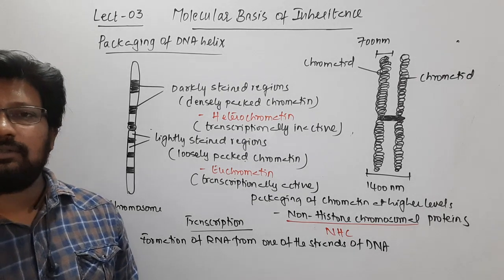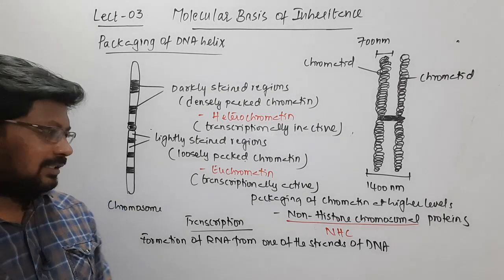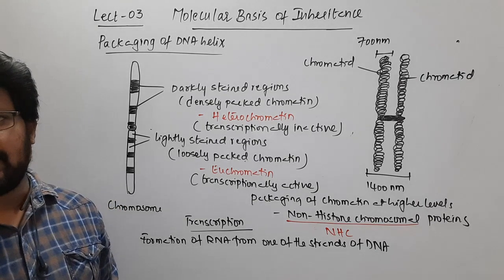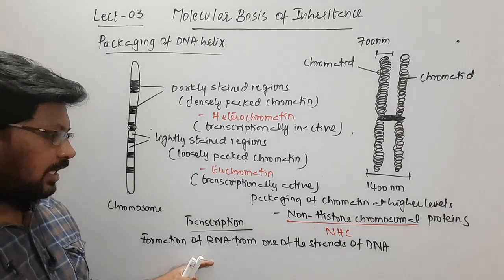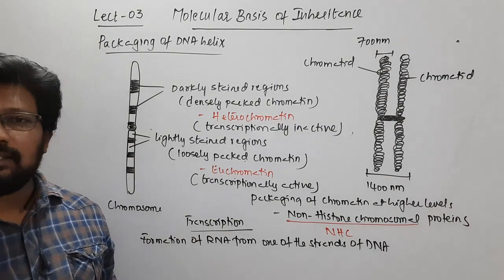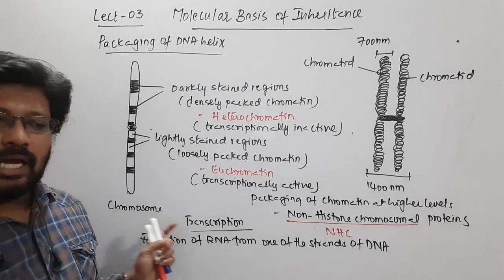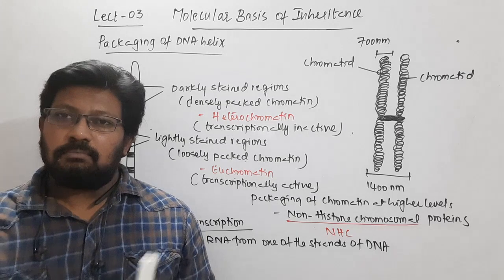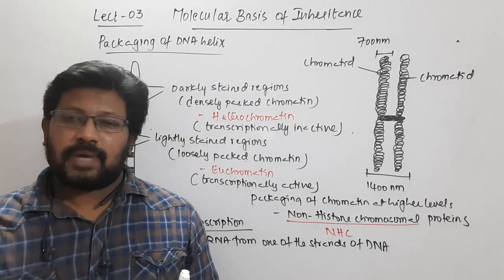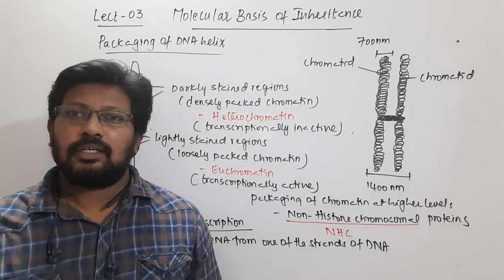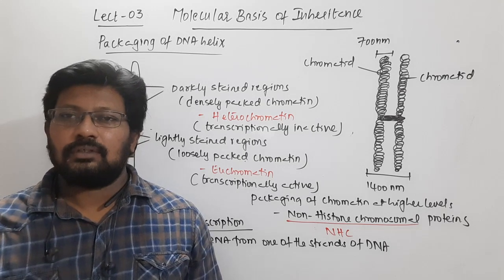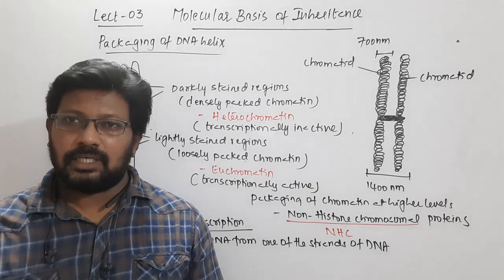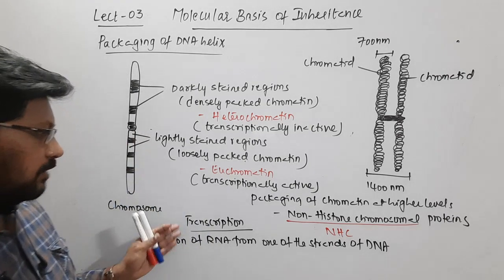There I'm going to tell you in detail how the RNA is going to form from the DNA. So formation of RNA from the DNA is what we call transcription. And for this transcription to take place, the DNA should not be packed. If it is packed, it cannot perform the process of transcription. So the DNA should be in an uncoiled state so as to perform this transcription.